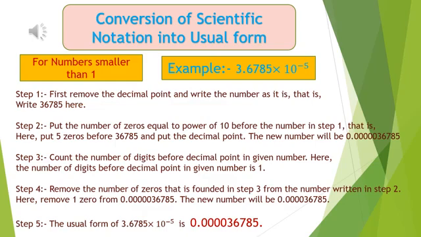So the new number will be 0.0000368785, that is 4 zeros before 36785. So the usual form of 3.6785 multiplied by 10 raised to the power minus 5 is 0.0000368785.